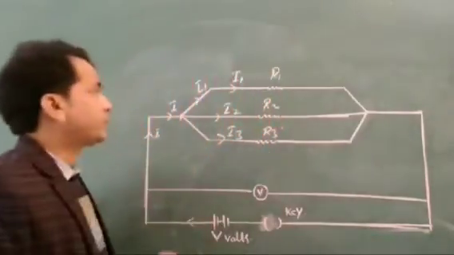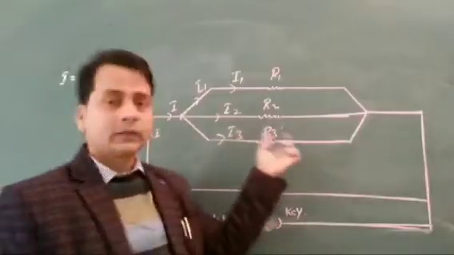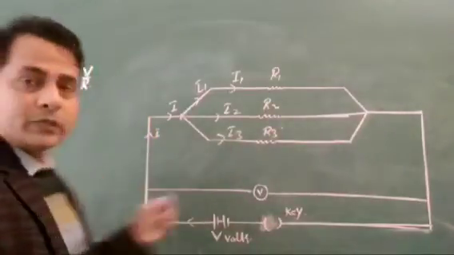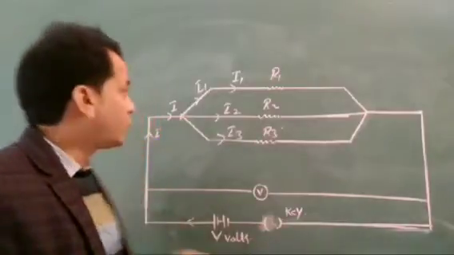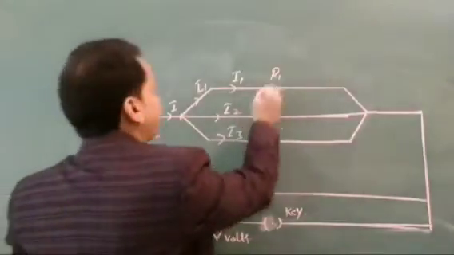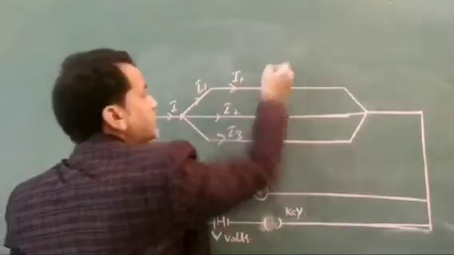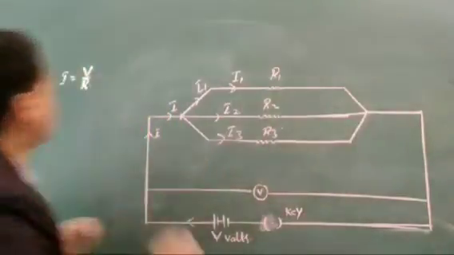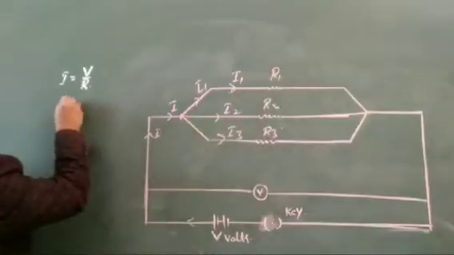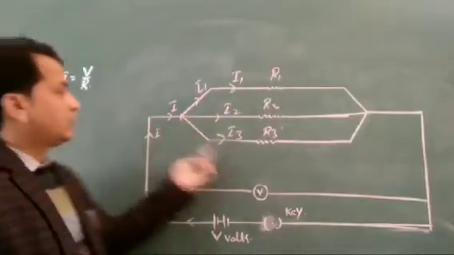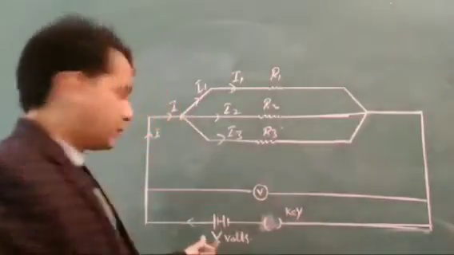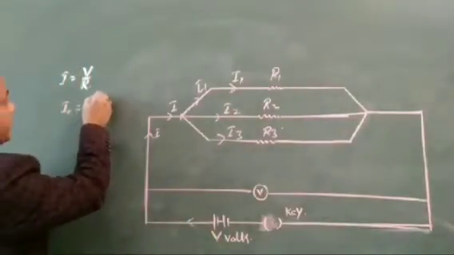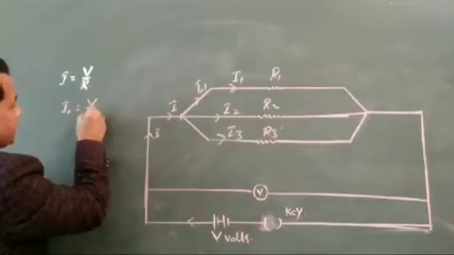So here according to Ohm's law, the electric current equals V by R, means potential difference by resistance. Let us find the electric current across the resistor R1. So I1 equal to the potential difference V volt divided by R1, I1 equal to V by R1.